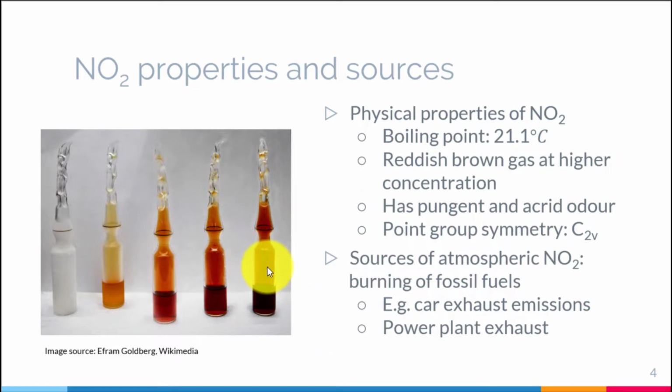Here it is at negative 196 degrees Celsius, liquid nitrogen cooling, this is at 0 degrees Celsius, ice cooling, 23 degrees Celsius, 35 degrees Celsius, and 50 degrees Celsius. See the transition, how temperature affects the equilibrium.